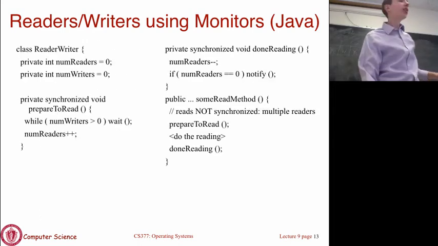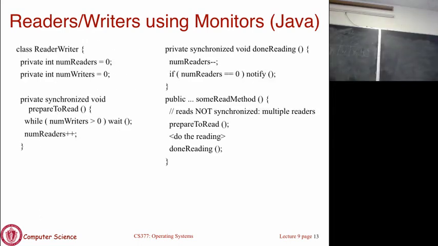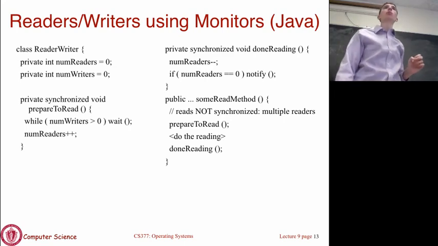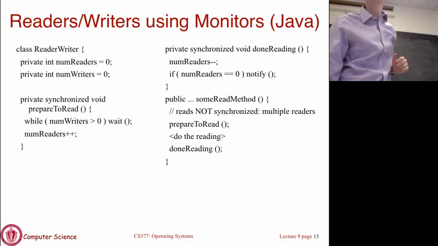We needed them to be synchronized in the read case because the main read method was not synchronized, so we could have multiple threads calling prepare to read at once. Because of that, we need to make prepare to read and done reading synchronized in the read case. Make sense? Questions on that? Okay.